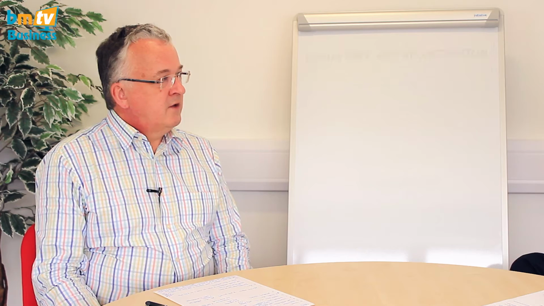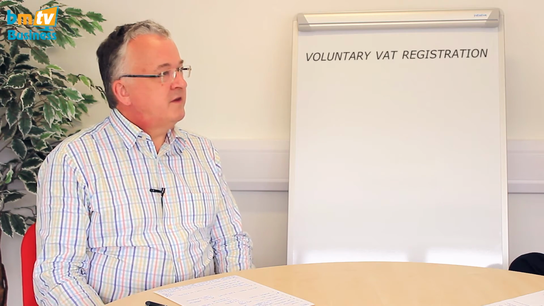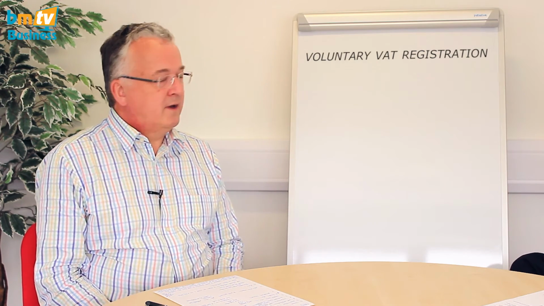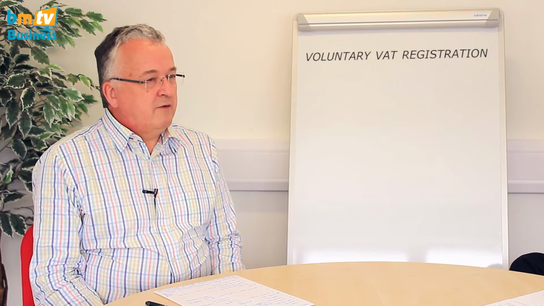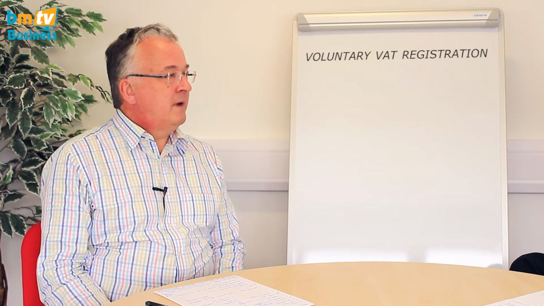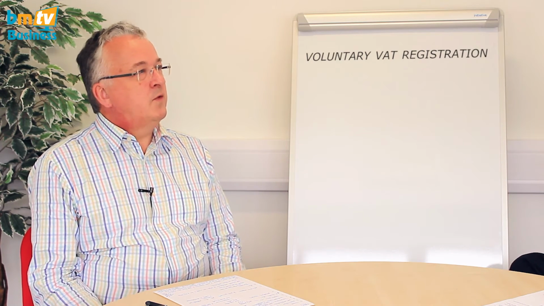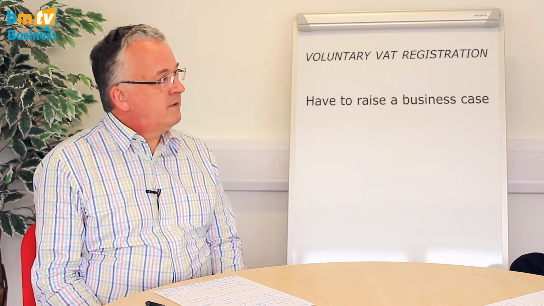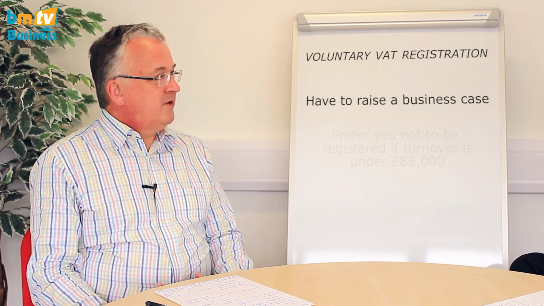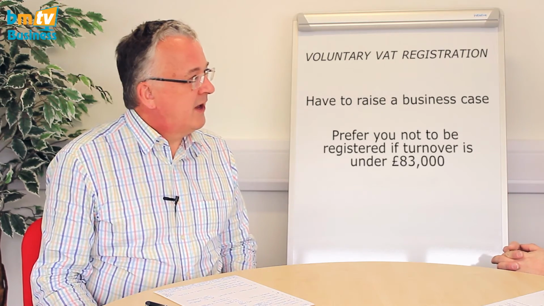We talked earlier on about the perceptions of business. Voluntary VAT registration is another way of making yourself look bigger than you are. Now, the revenue will register people voluntarily when their turnover is below 83,000, but you do actually have to put a business case to them to be able to do so, because they actually, believe it or not, would prefer you not to be registered and off the radar, if you like.